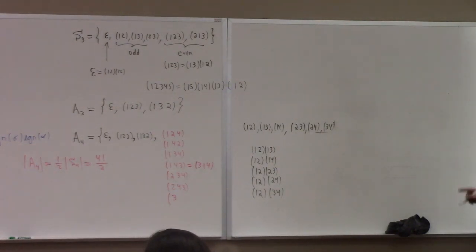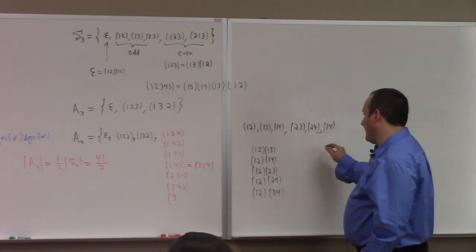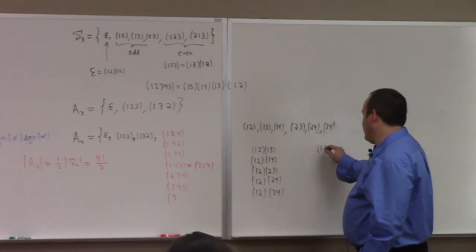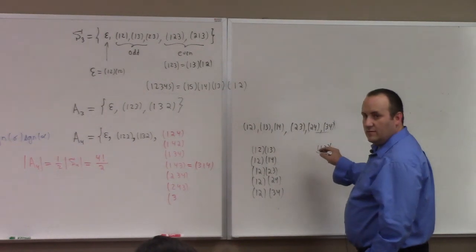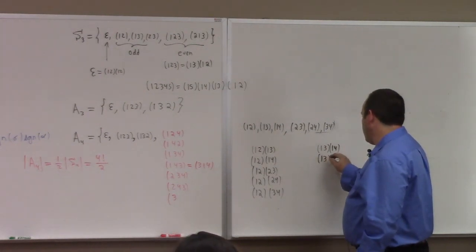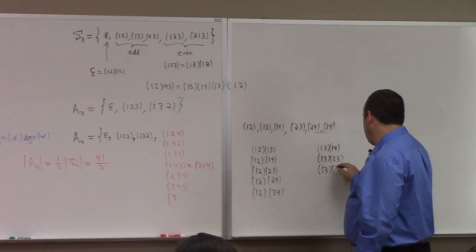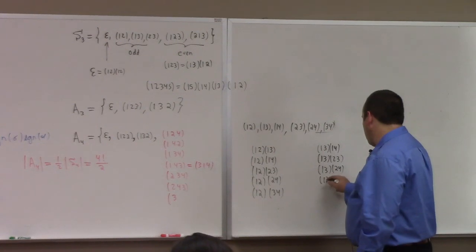Did I get everything? (1 3), (1 4), (2 3), (2 4), (3 4). What else do we have? We have (1 3), right? (1 3)(1 4), (1 3)(2 3), (1 3)(2 4), (1 3)(3 4), yeah?